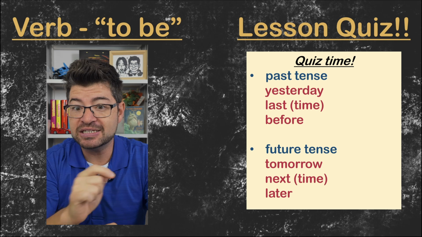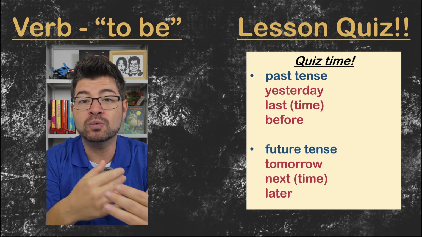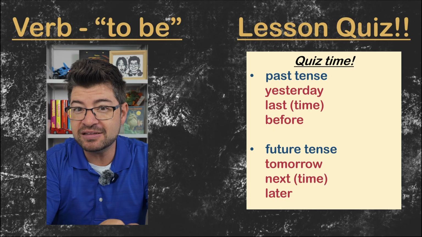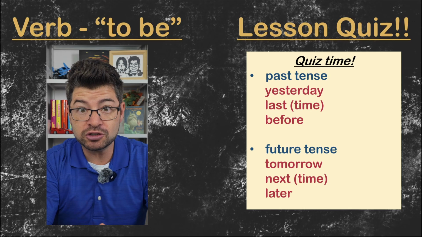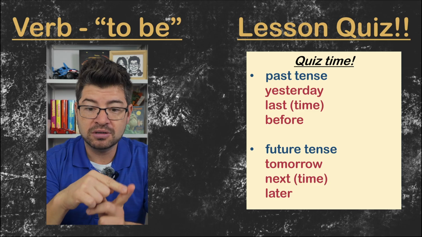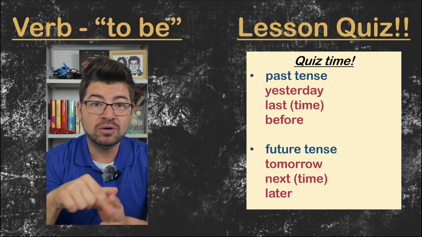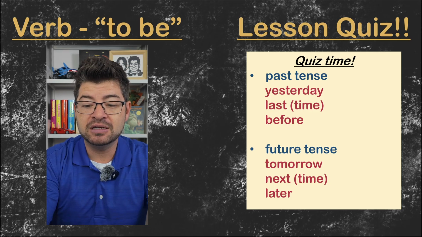I was late yesterday, or last week, last month, or the word before. If you see these words, then you know it's past tense. Same with the future. If you see keywords like tomorrow, or next week, or later, then you know it's the future.